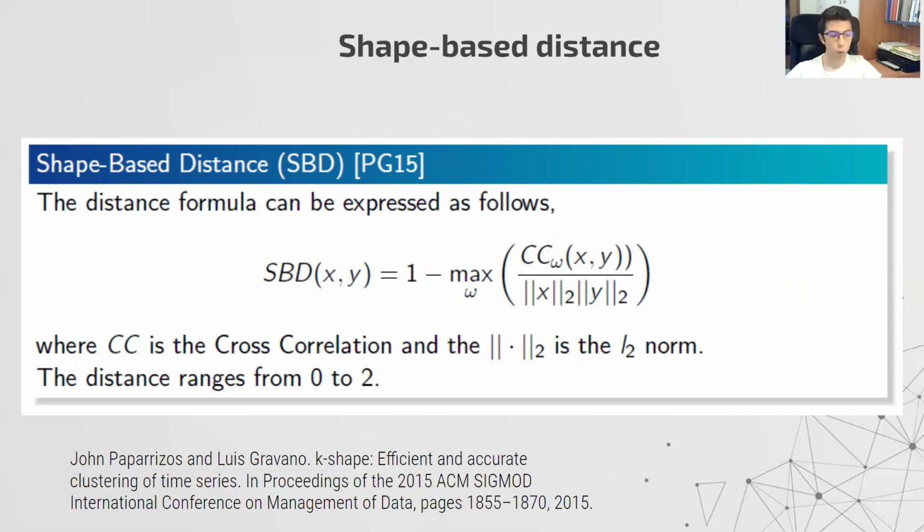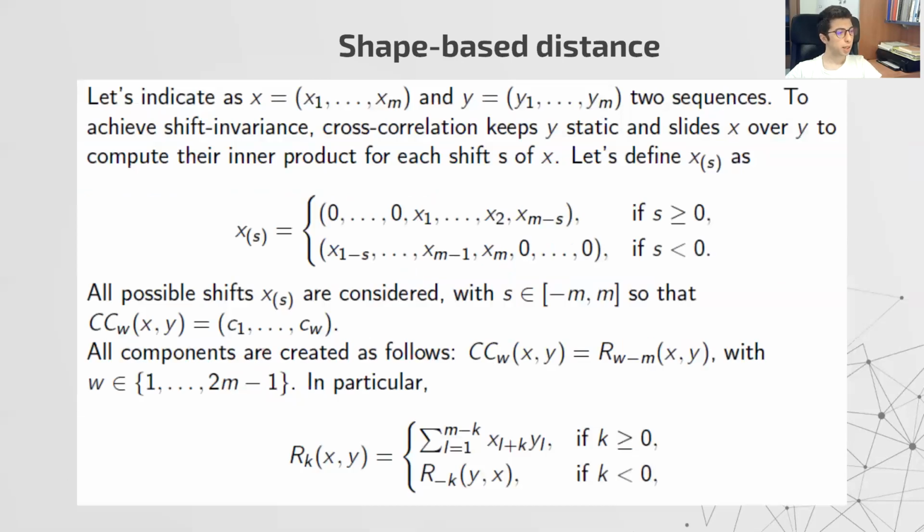In this way, we can consider the fact that I said before of the alignment, and can consider the maximum cross correlation between two sequences not in phase.